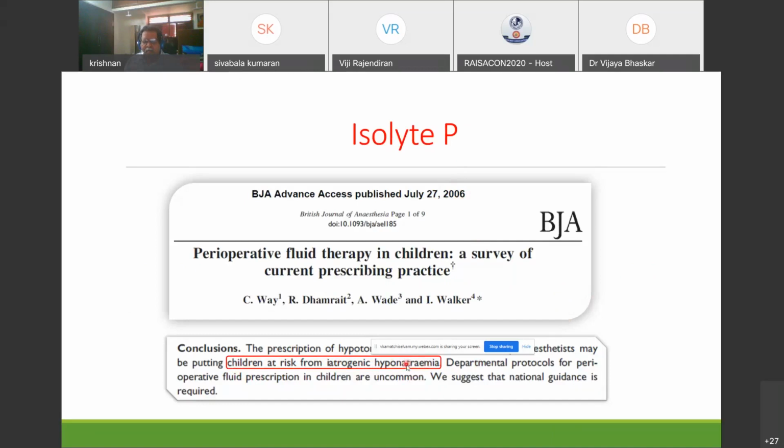The cause of the hyponatremia was that they were giving either dextrose with 0.2% normal saline or isolyte P, which is dextrose with 0.16% normal saline. So 2006 was the time when they started understanding that we are creating hydrogenic hyponatremia, which is dangerous to the baby's health. So this was the first part.